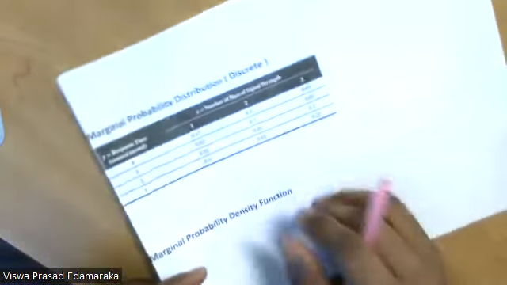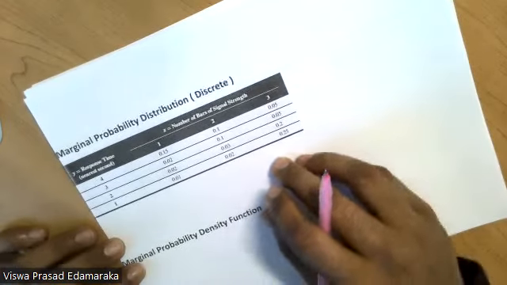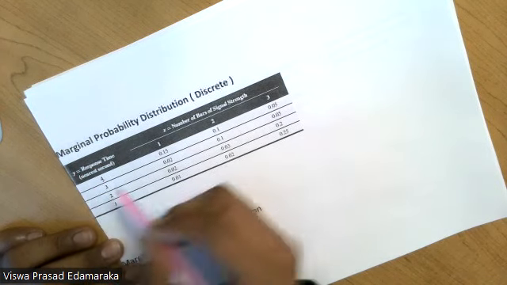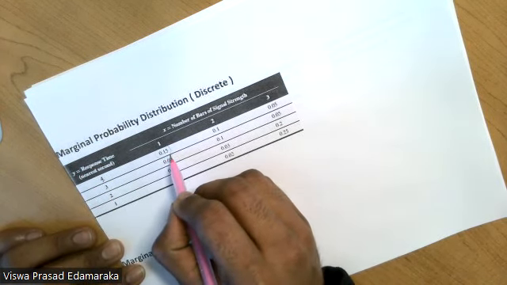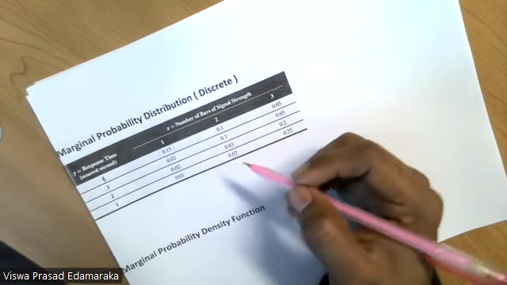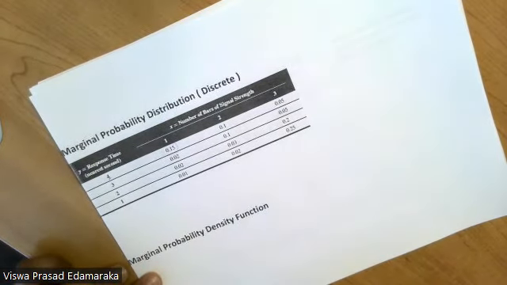You may see this type of table in your class. Now the new concept is called marginal probability distribution. Every time we hear marginal, it means only one variable.